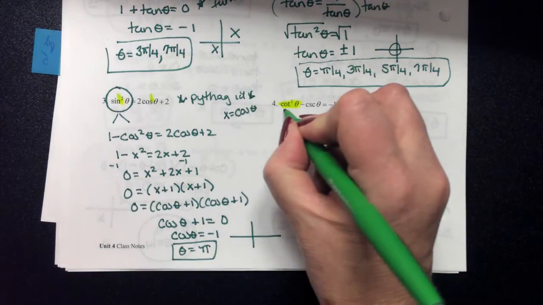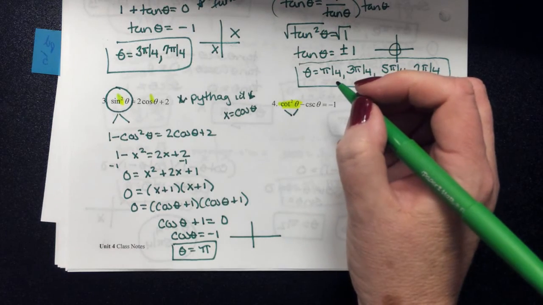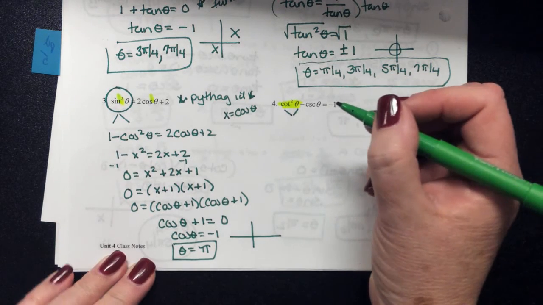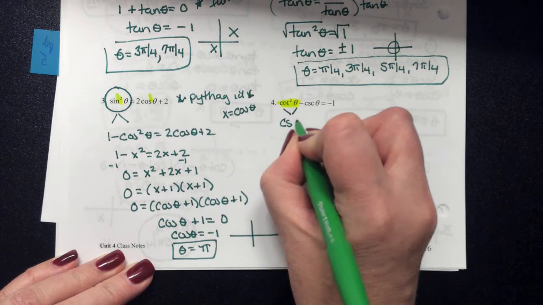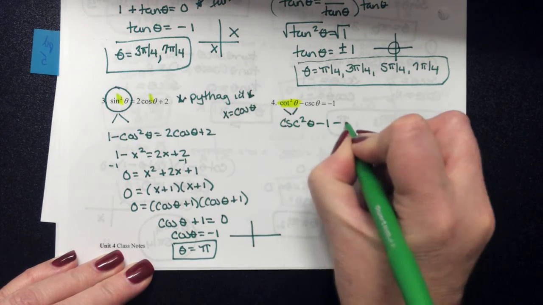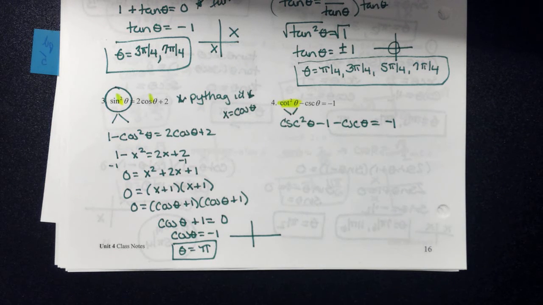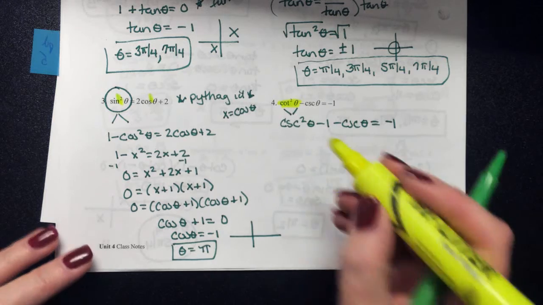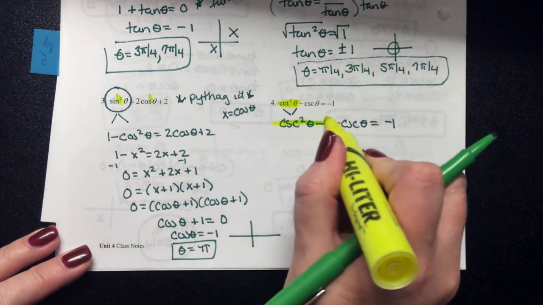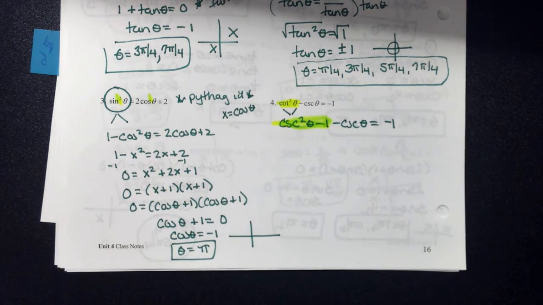So I can take out this cotangent squared and replace it with cosecant squared theta minus 1. Notice I replaced that cotangent squared with a cosecant squared theta minus 1.